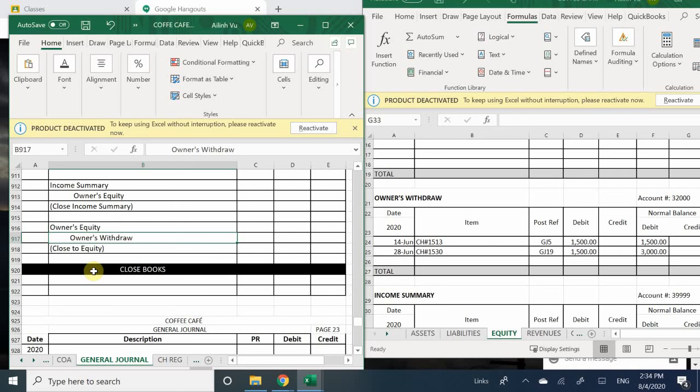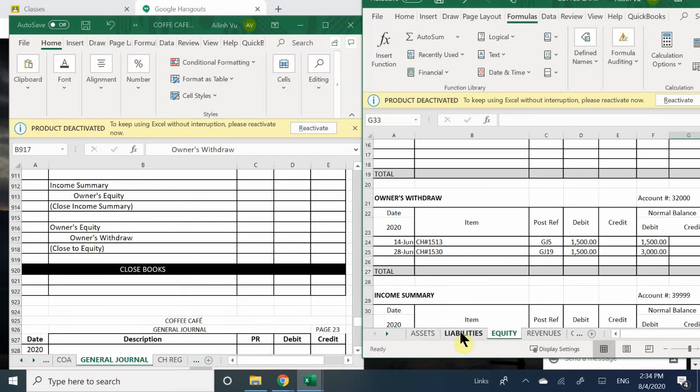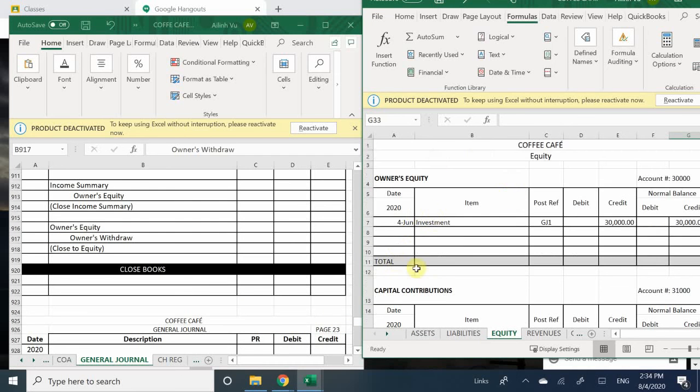And what happens is, if you did this correctly and you zeroed out everything or you calculated everything, your equity here, after you've journalized this, your equity account, so here in the ledger, you're going to update it and make sure that the ledger is also updated as well.